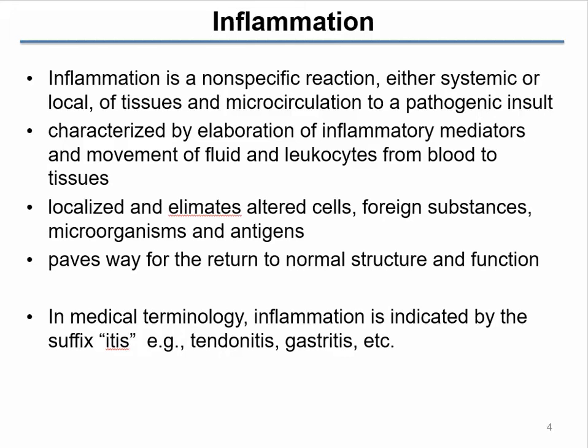So tendinitis is the inflammation of a tendon. Tenosynovitis is the inflammation of a tendon sheath. Arthritis is the inflammation of a joint. Gastritis, inflammation of your stomach. Pancreatitis, inflammation of the pancreas. All of those things just literally mean inflammation and all that it entails.